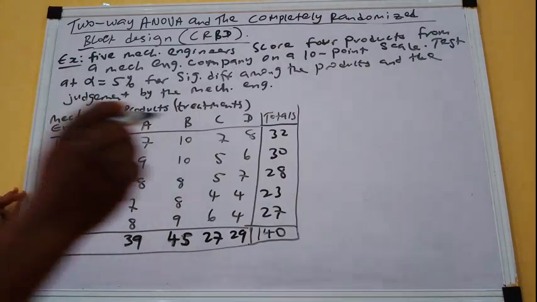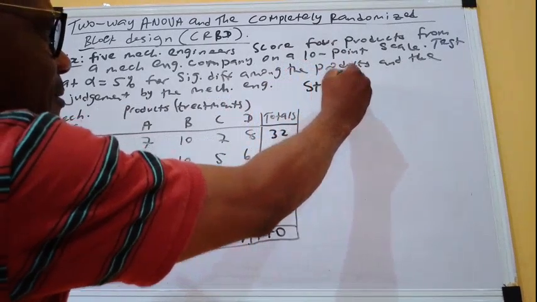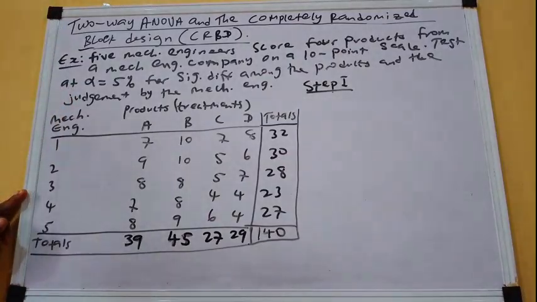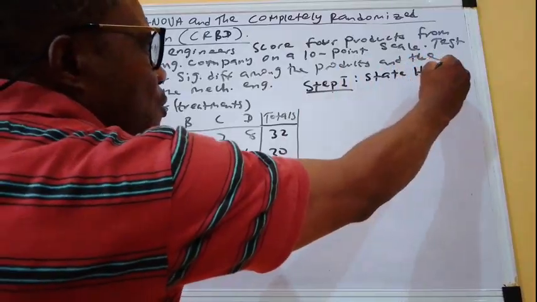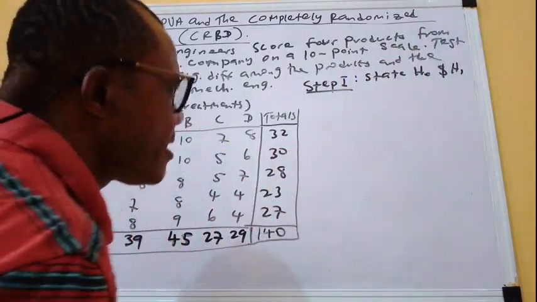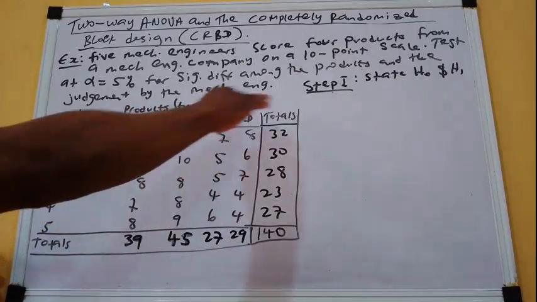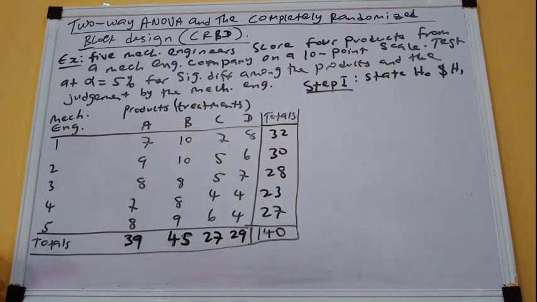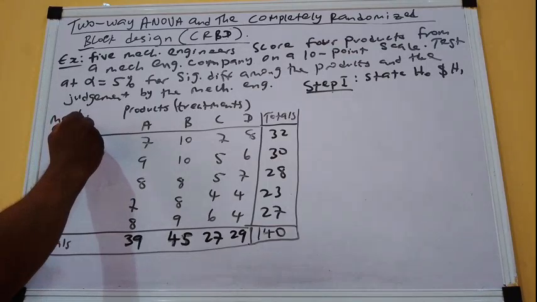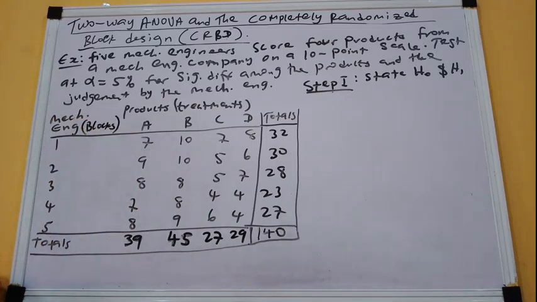Step 1 involves the hypothesis: state H0 and H1. Now, beloved, this is a two-way analysis of variance. The products are the treatments, the judgments by the engineers are the blocks. So you can put it in bracket, blocks. So the judgments are the blocks.